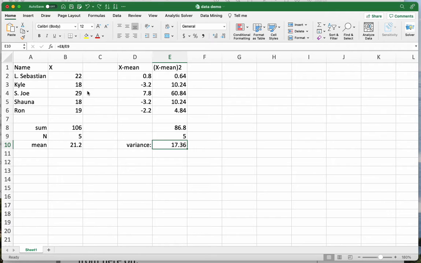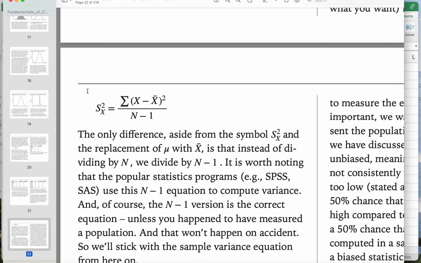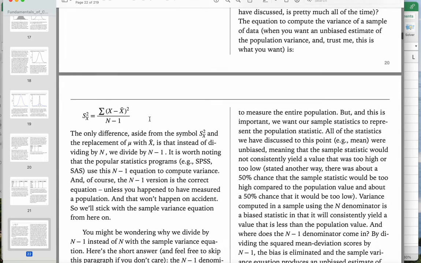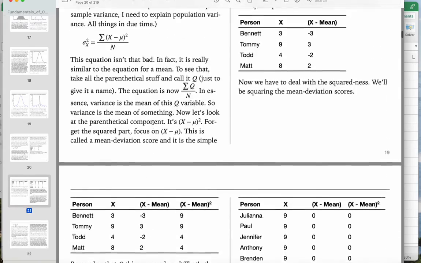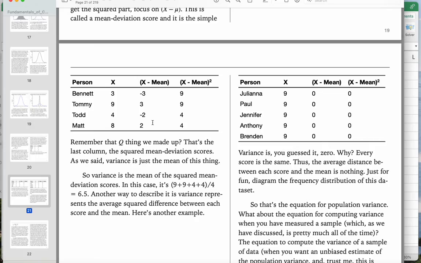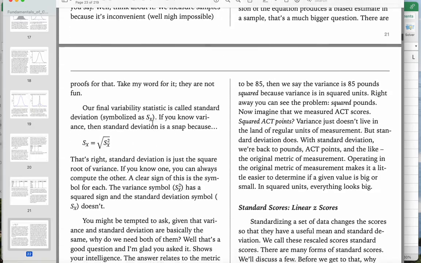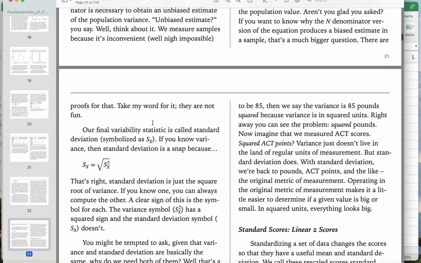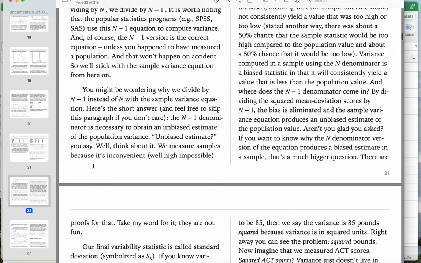Let's talk standard deviation. What is standard deviation? It's got to be the greatest twist on things. Standard deviation is just the square root of variance, okay? So if you have variance and you take the square root, you have standard deviation. I didn't even put the equation for population, but it's the same thing.